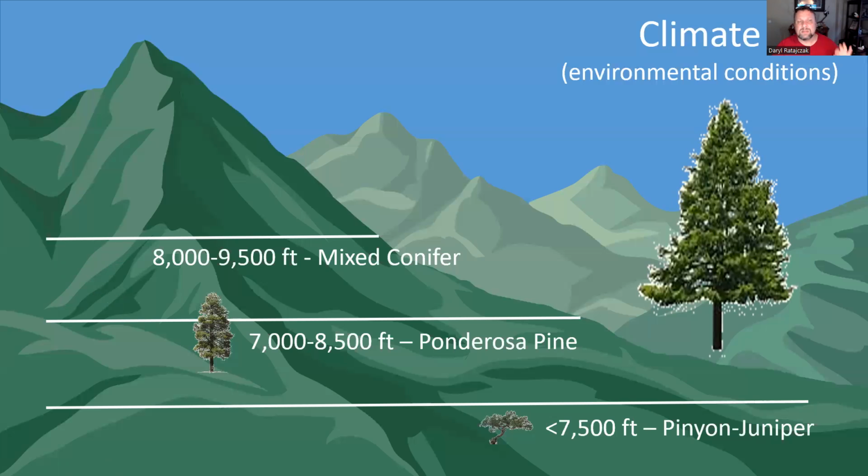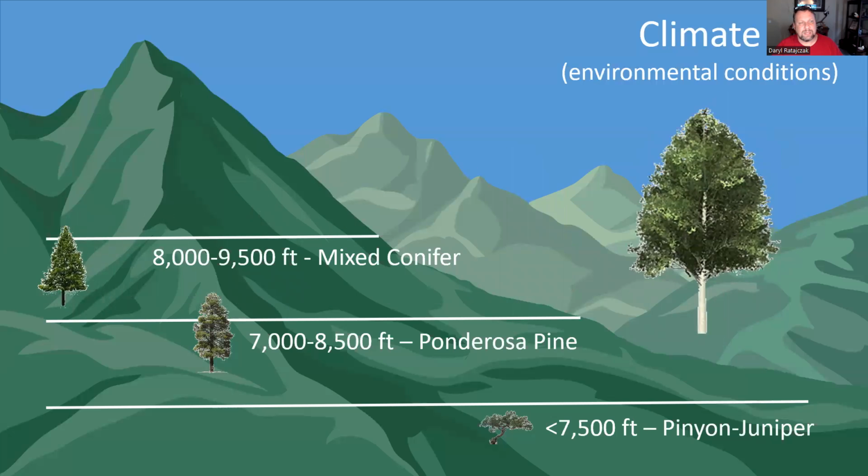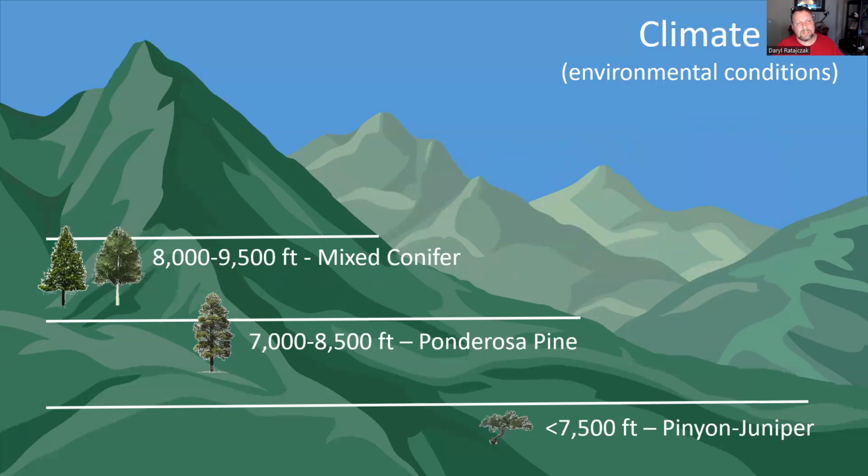Now, remember, this is not just conifer. You might actually have some aspen in there. Aspen are extremely well adapted for this elevation. And then when you get above that, you start really getting into, I can't breathe anymore because I'm out of shape type of elevation.